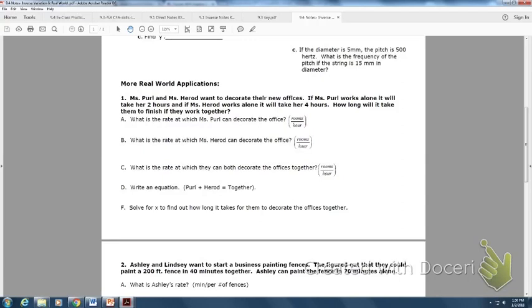But it's ways that you can identify it, and it's just going through and reading it is how you're going to be able to identify it. What is the problem talking about? This one specifically, I call 1 over alone, but how you're going to set these up, just to give you somewhat of a formula, it's going to be 1 over alone plus 1 over alone equals 1 over together. But whenever you hear me just say a 1 over alone problem, these are the ones I'm referring to.